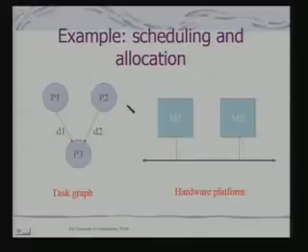The problem is that of mapping the tasks onto these hardware elements, okay? And the question is, if we are doing the allocation of the tasks to processors optimally, then that would also determine their schedule and hence provide the result in minimum time.